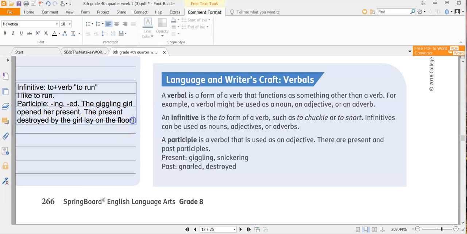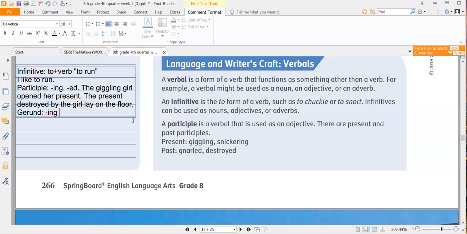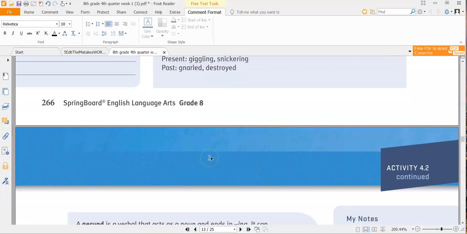Okay. And then last but not least, we have gerunds, which are when verbs end in ing, but they're acting as nouns. So an example would be I like swimming. In this case, the gerund is swimming.